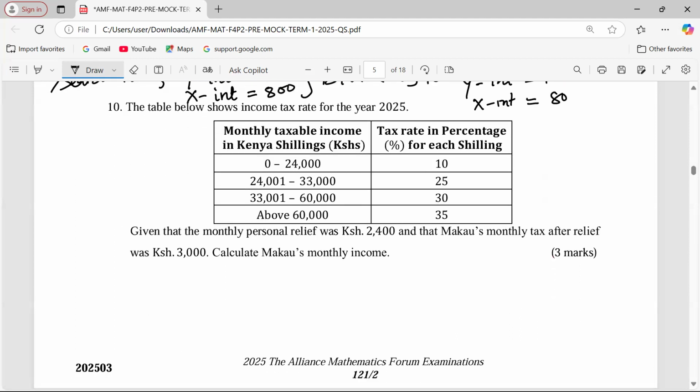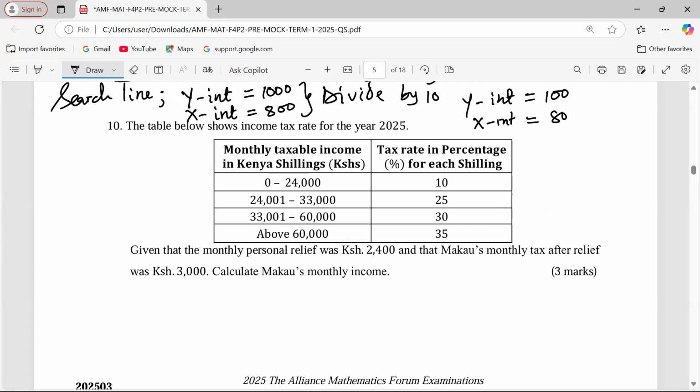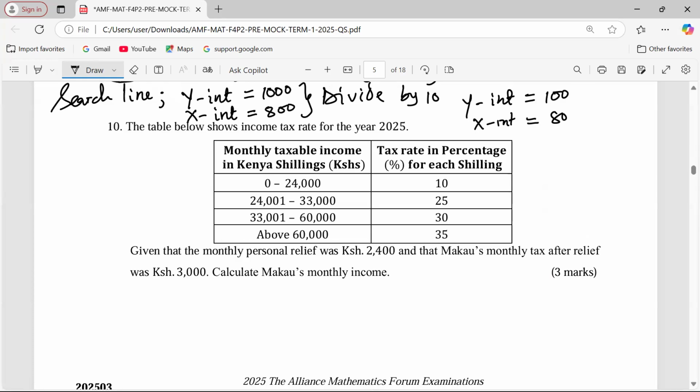Number 10, this is a question on commercial arithmetic. The table below shows income tax rate for the year 2025. So we can see the monthly income, and we can also see the corresponding tax for every bracket.